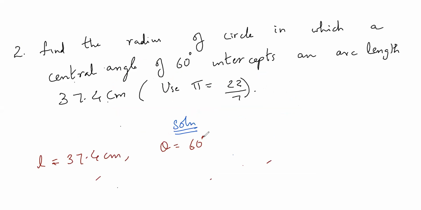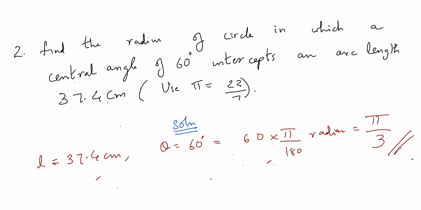So what I have to do is multiply by pi by 180. So 60 into pi by 180 radian. So 60° means pi by 3. Pi is 180, 180 by 3 is 60°. Common sense. That's all.